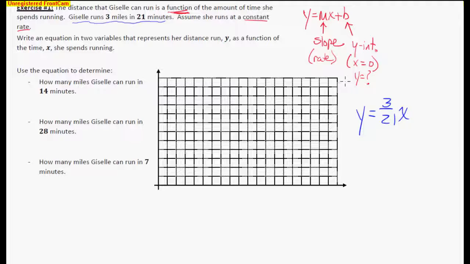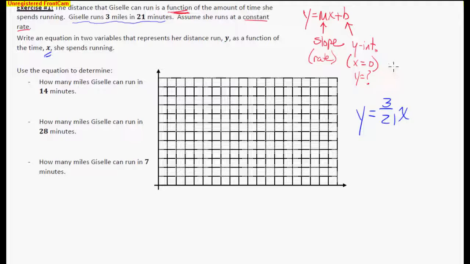What if I plug in a 0 when I'm looking for my y-intercept? I plug in a 0, and that would represent 0 minutes. Well, if she ran for 0 minutes, wouldn't her distance then still be 0? Her y would be 0.